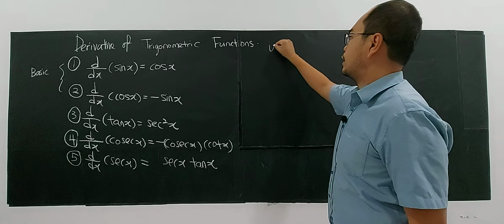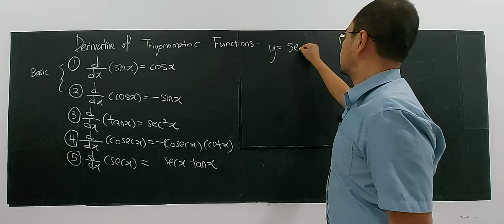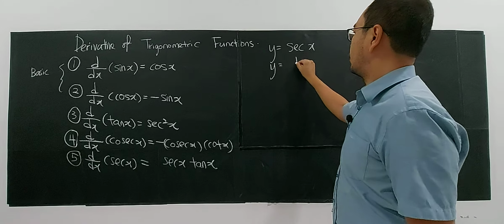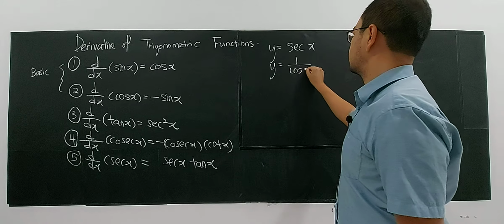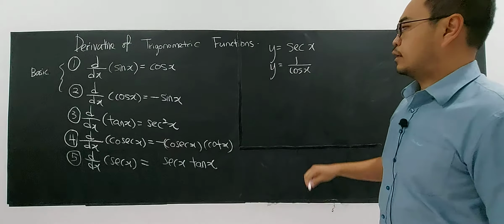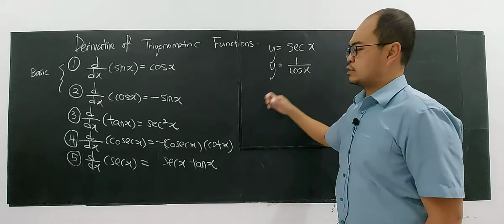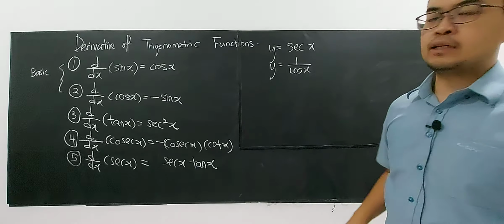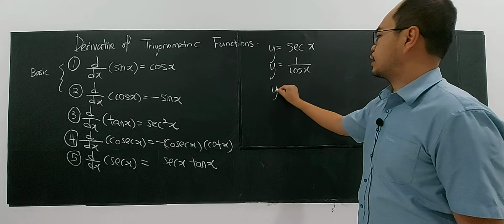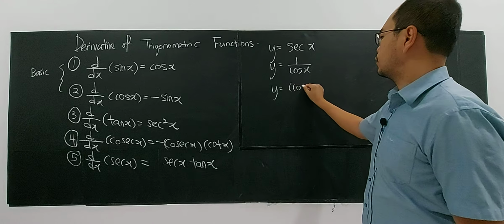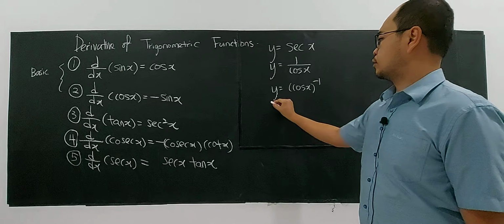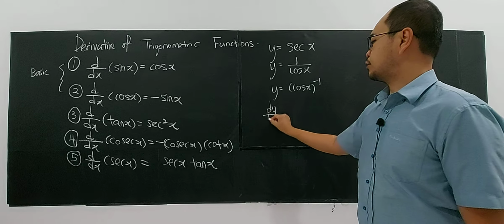So you have y equals secant x, as secant x is defined as 1 over cosine x, right? Proving this is just like proving the differentiation of cosecant. So we bring up the cos to become cos x to the power of negative 1, right?